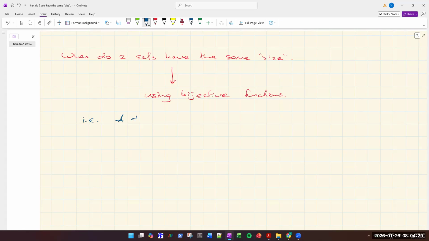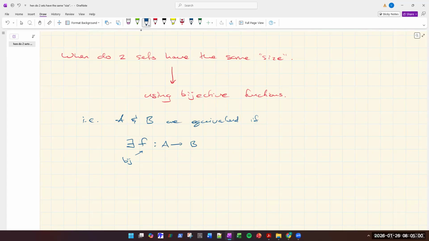A and B are equivalent if there exists, so the symbol means there exists, f, which is a bijective function, between them. A going to B or B going to A, doesn't matter.